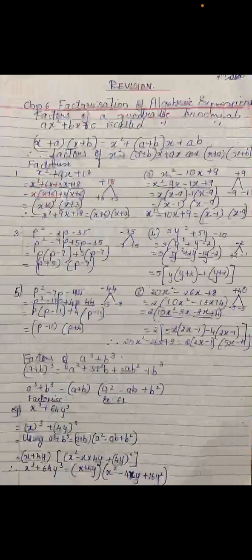Now here in the bracket, it comes to 10 into 4, that is 40. So we have to find the factors of 40 such that the middle term is 13. So here it is minus 8 and minus 5. So 2 in the bracket 10x square minus 5x minus 8x plus 4.